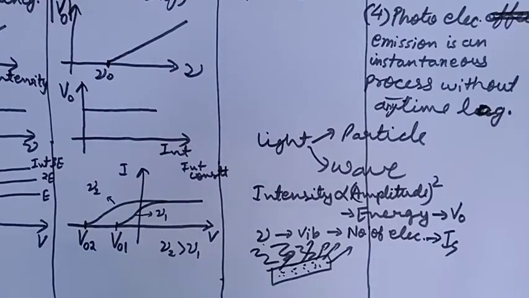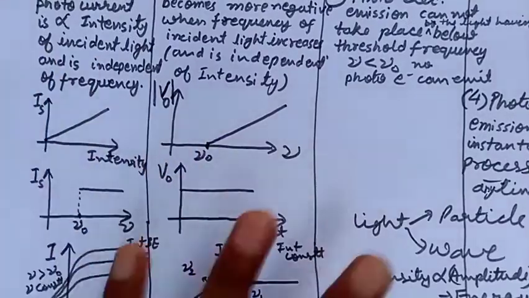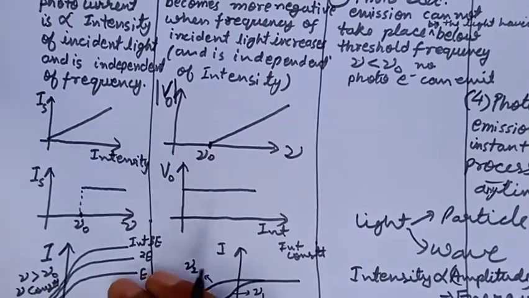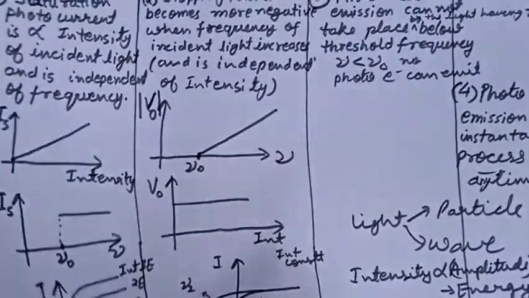But the question is, how can we explain all of this? You might be surprised that it was explained by Einstein, and for this work Einstein received the Nobel Prize.